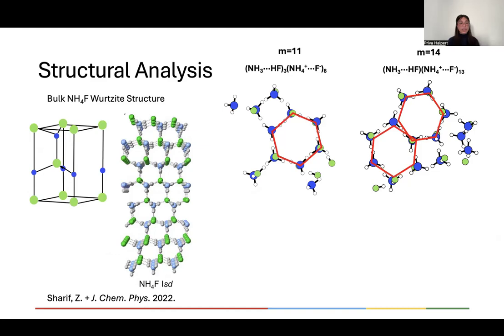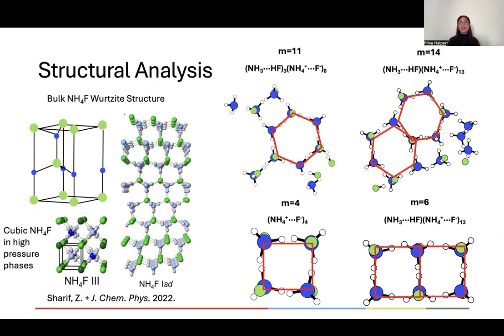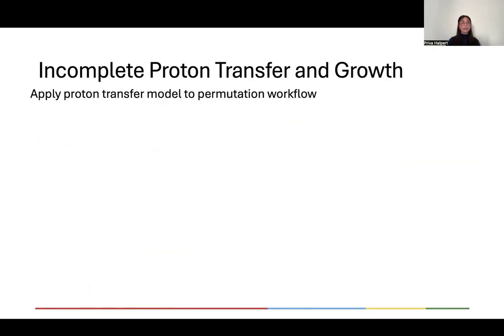So this is very promising to us because it's indicating that our structures are favoring the bulk material. Additionally, the bulk material has been shown to exist also in a cubic form at high pressure states, and we also find these cubic motifs present in our transrot calculation. So this is definitely very promising and indicating that our results are understandable.